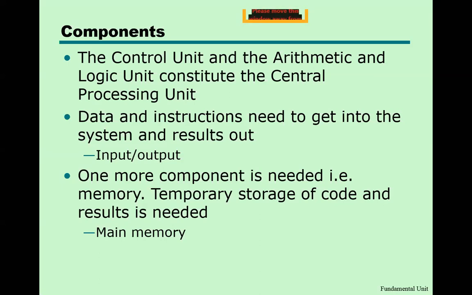As I told you earlier, I'm talking about the Von Neumann machine. That's why I'm not considering primary and secondary memory. Simply, one memory is required for these different types of operations. That's why I'm talking about only the main memory. So in a computer, broadly, we can categorize into three components: CPU, input-output, and main memory.